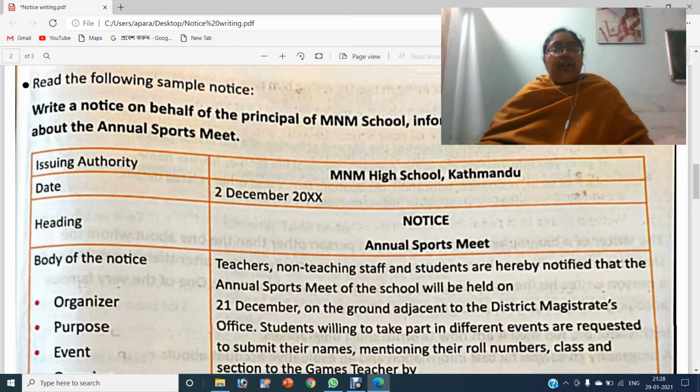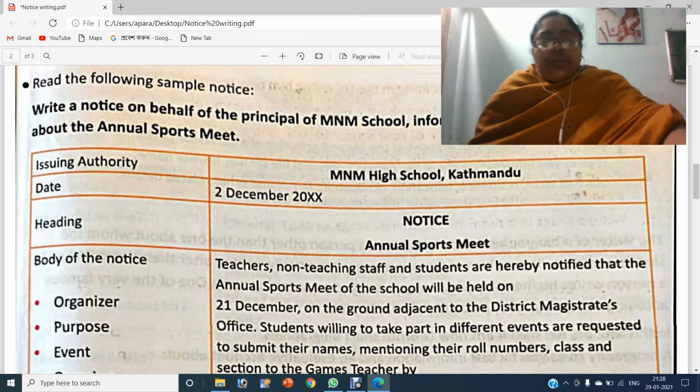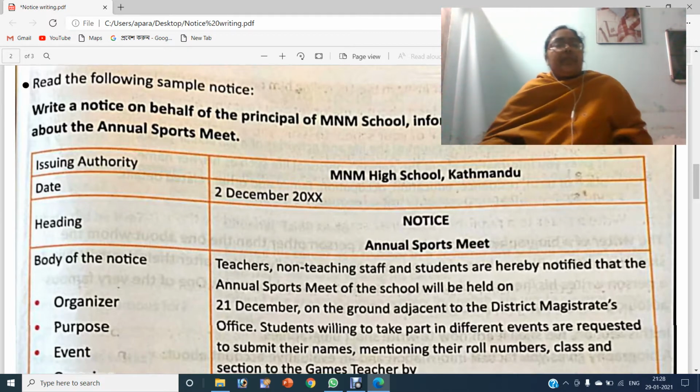Now just see: write a notice on behalf of the principal of MNM School informing the staff and students about the annual sports meet. Now, this is the topic on which we are going to write down the notice. Okay?